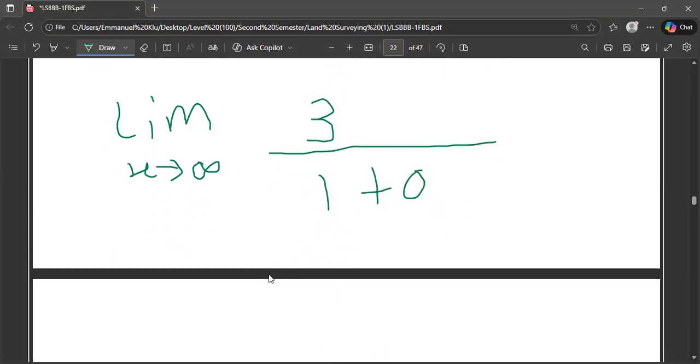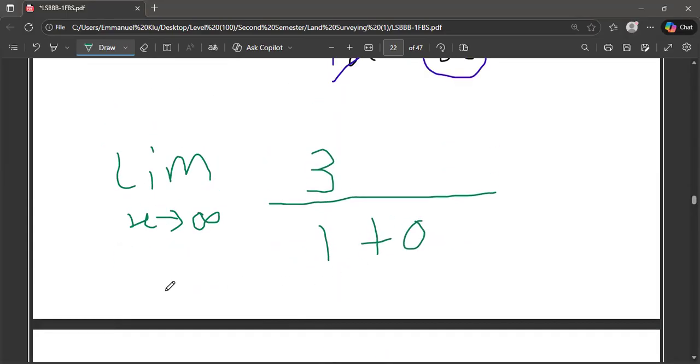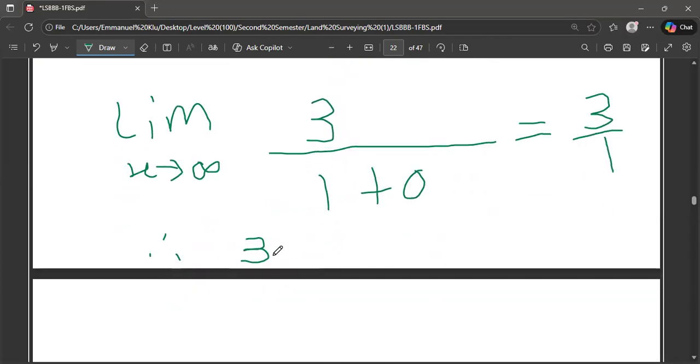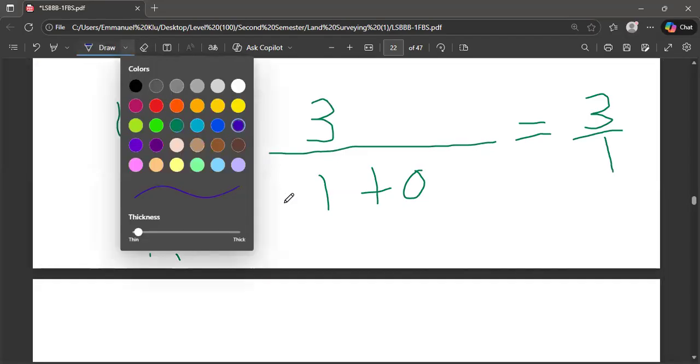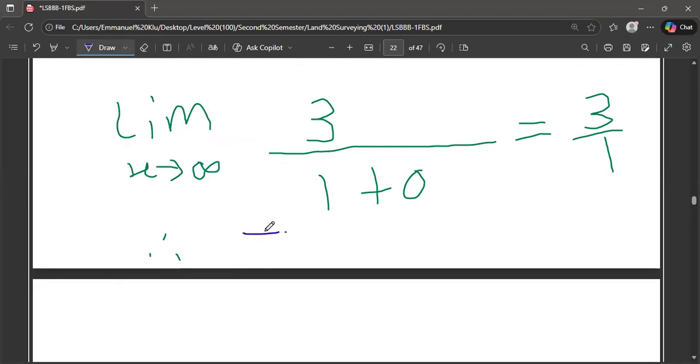And therefore our final answer is equal to just 3, because 3 over 1 is still just 3.